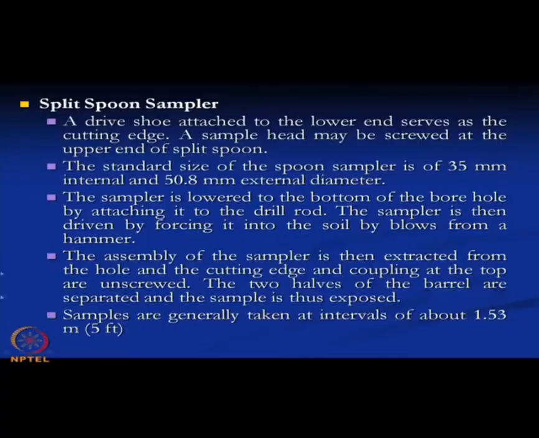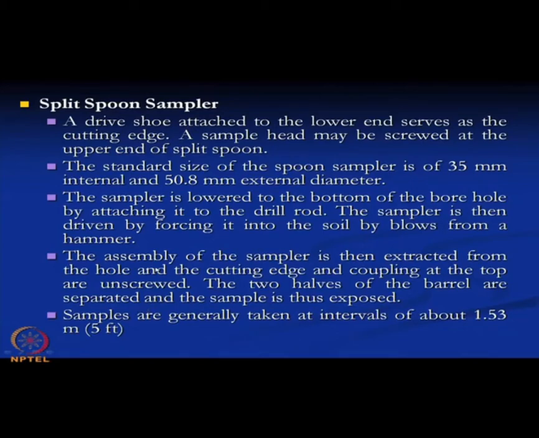Once the sampler is pushed into the soil, the assembly is extracted from the hole, and the cutting edge and coupling at top are unscrewed. The two halves of the barrel are separated and the sample is then collected. The samples are generally taken at intervals of 1.53 meter or 5 feet.